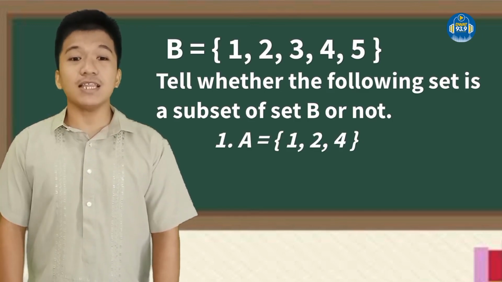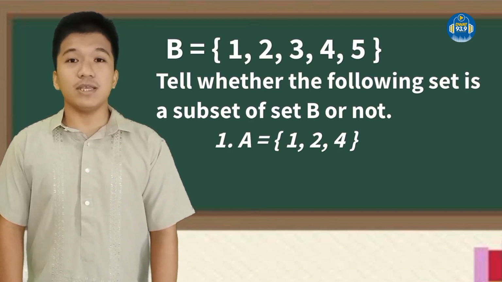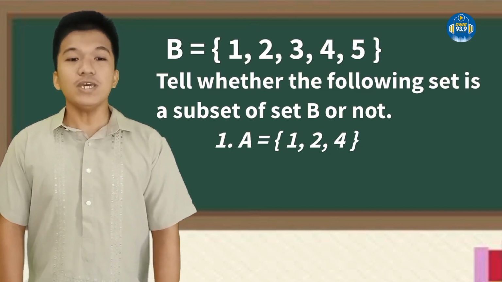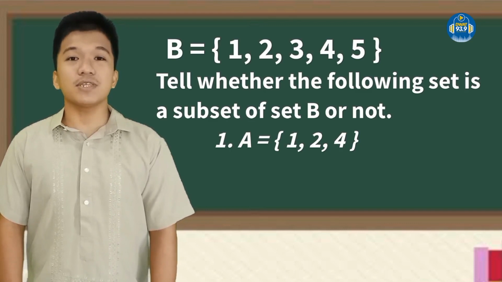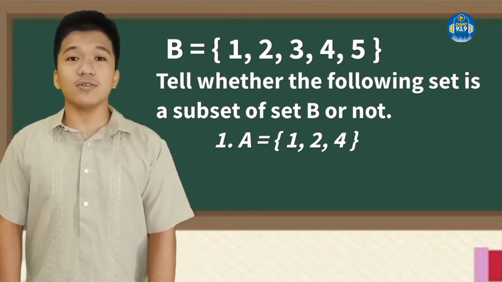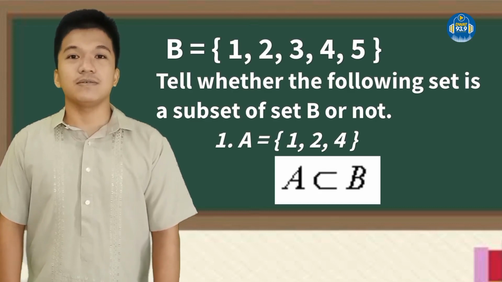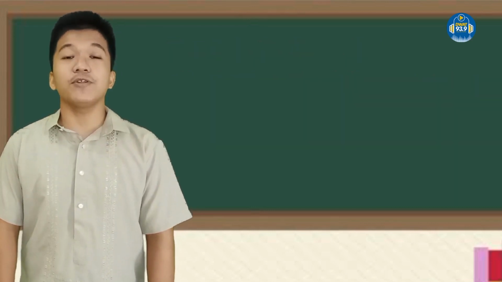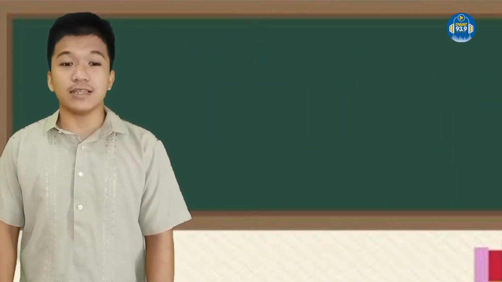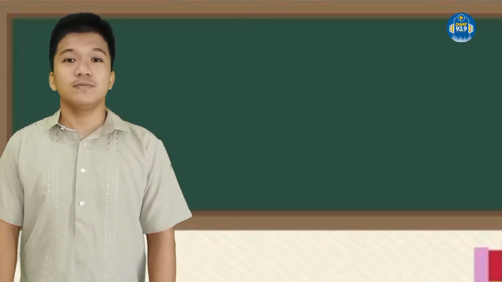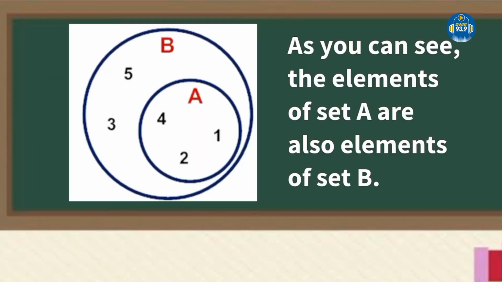Because the elements of set A are also elements of set B, we say that A is a subset of B since every element of A is also in B. This is denoted by A ⊆ B. A Venn diagram for the relationship between these sets is shown below. As you can see, the elements of set A are also elements of set B.